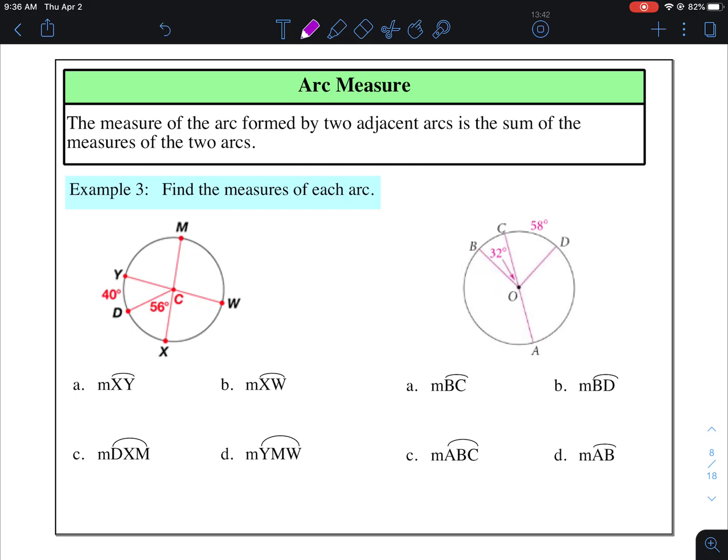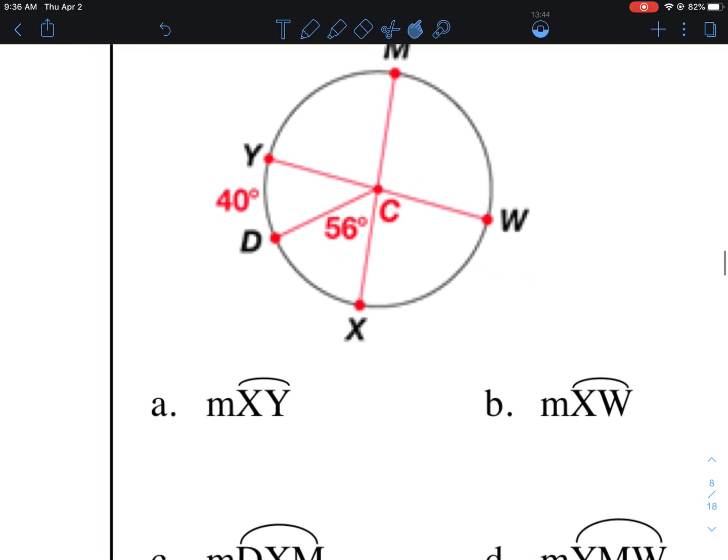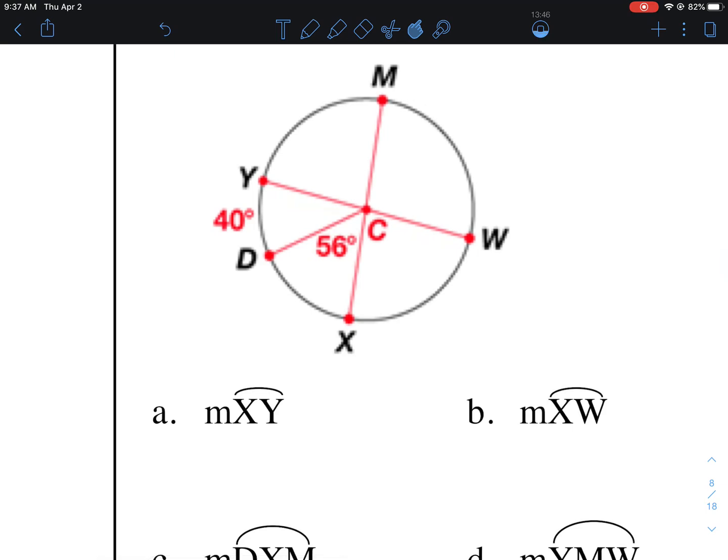What I would recommend is, in these examples, don't worry about question A, question B, all that just yet. I would actually mark them all. Mark all your minor and major arcs that you can. So for instance, if I look at this, this is 40, this is 56. I know from X to W, I just made a semicircle. That's 180 degrees.